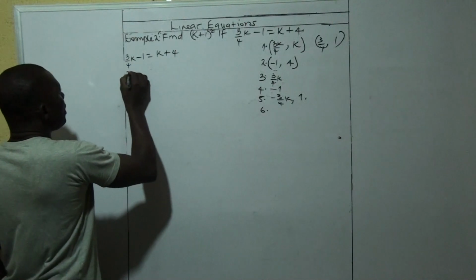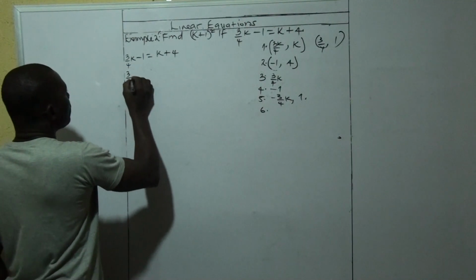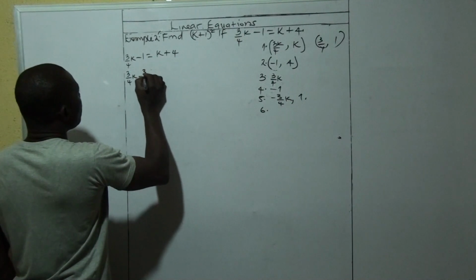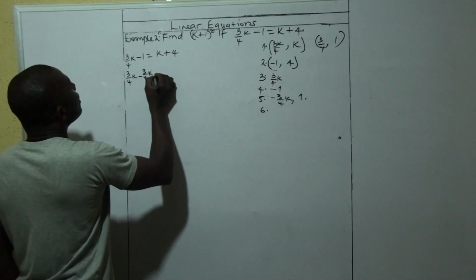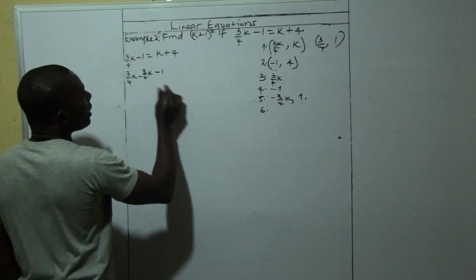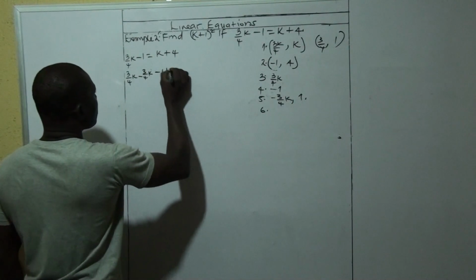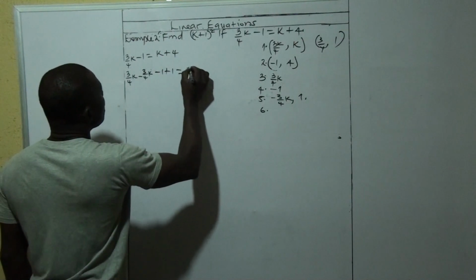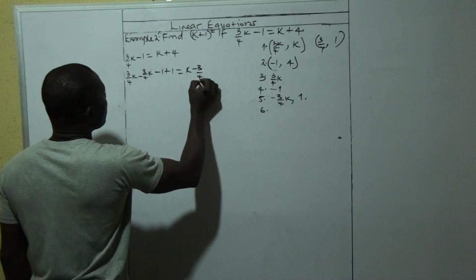So these are what we are going to add to it. We have 3 over 4k minus 3 over 4k, minus 1 is here already, then plus 1, is equal to k minus 3 over 4k.